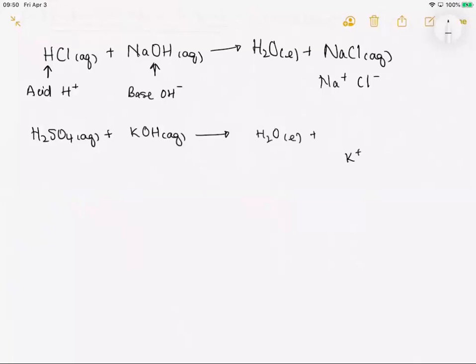Well, we have the potassium ion and the sulfate ion, and now we're dealing with K2SO4. This is still going to be aqueous, but now we're going to have to balance it out. So basically, I need 2 potassium hydroxides, and I'm going to form 2 waters. This is an acid that has more than 1 hydrogen, which is totally possible, and you just have to balance your reactions based off of that.